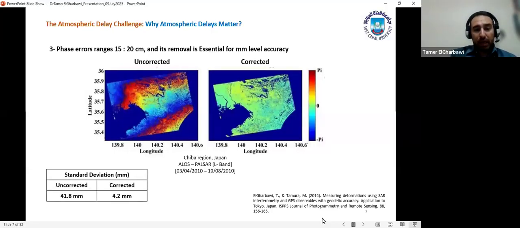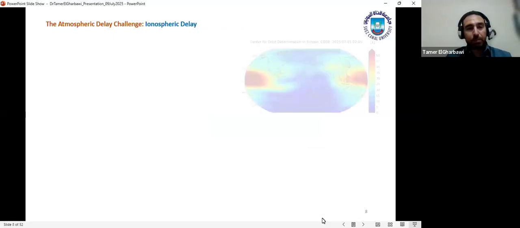Comparing the standard deviation of these two images, before correction we have a standard deviation of nearly 40 millimeters, and after correction it becomes 4 millimeters. So this shows the extent of the atmospheric delay effect.